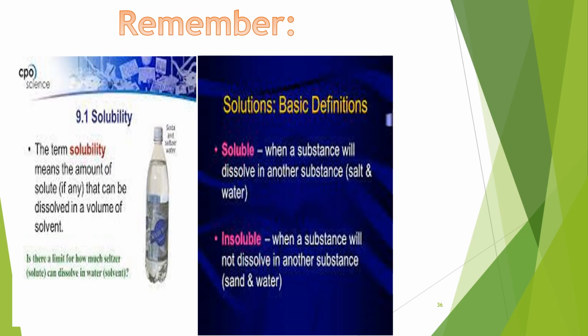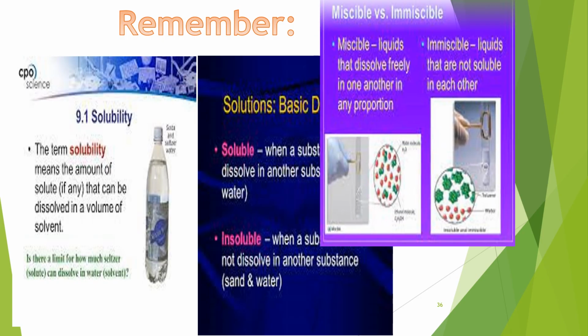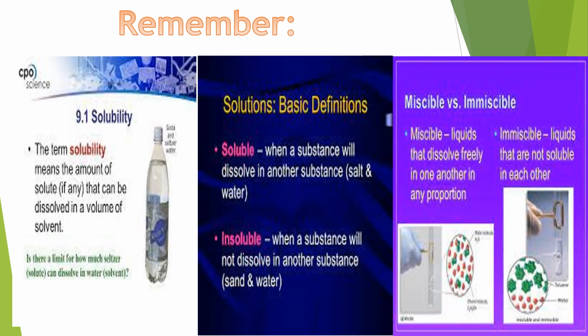Insoluble is when a substance will not dissolve in another substance, that is sand and water. Miscible liquids dissolve freely in one another in any proportion. Immiscible liquids are not soluble in each other.